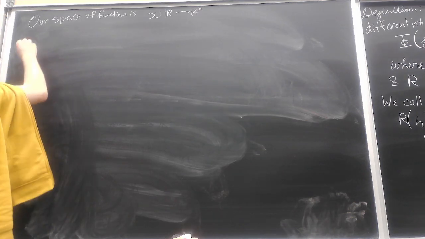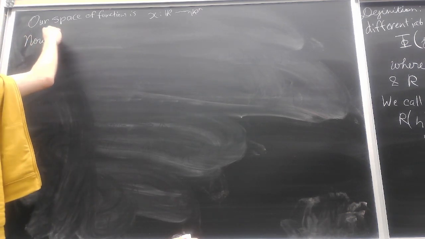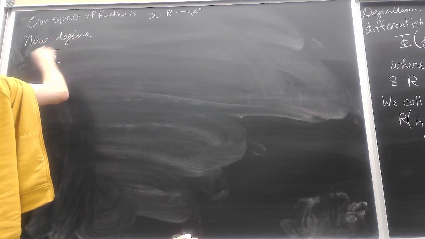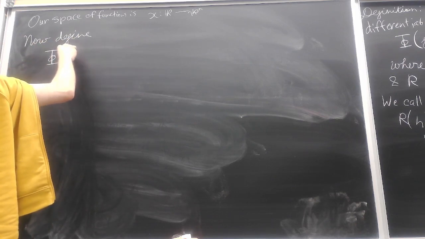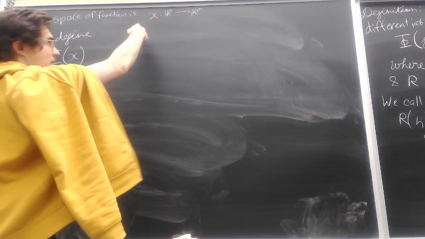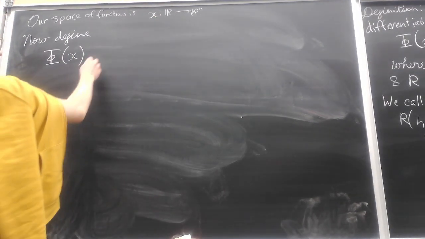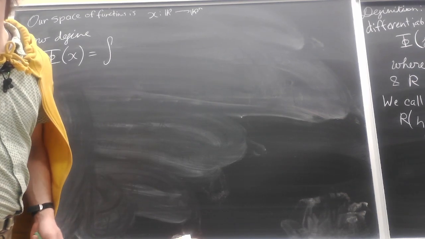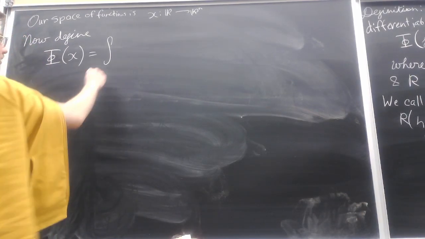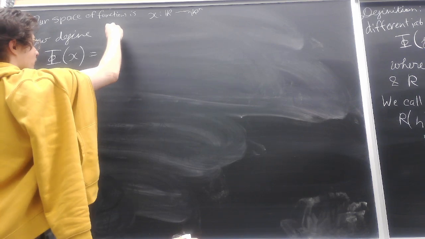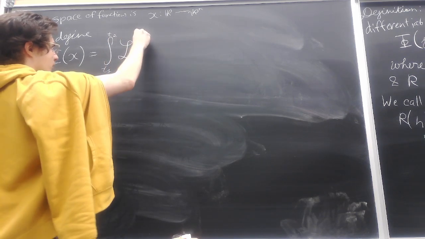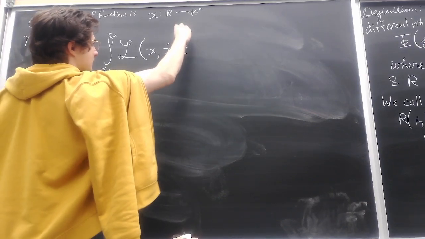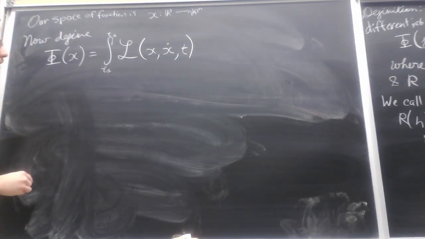And now define the following functional. Define phi of x, where x is this function, equals the integral from some fixed t1 to t2 of some other functional L of x, x dot, t, dt.